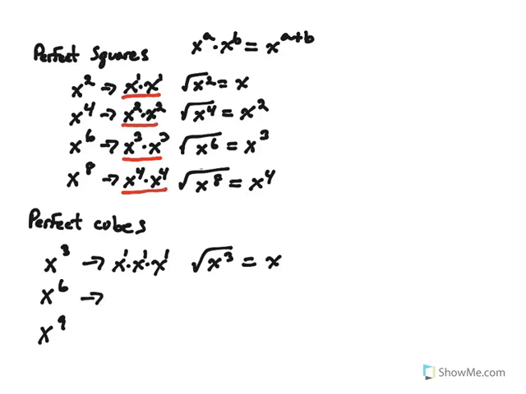All right? And here we have x squared times x squared times x squared. So the cube root of x to the 6th power is x squared, because if I take x squared times itself 3 times and I add the exponents, I should get x to the 6th back. Okay, so you got to think of it in that way.